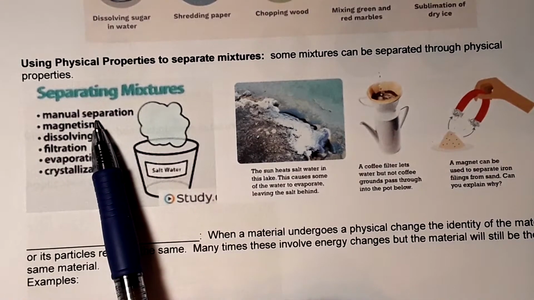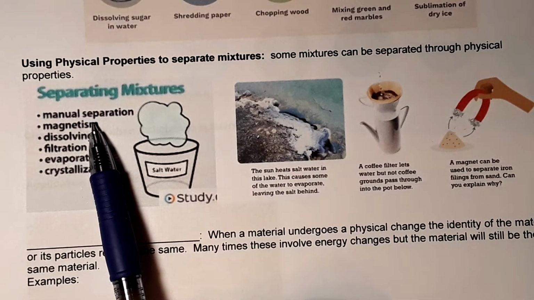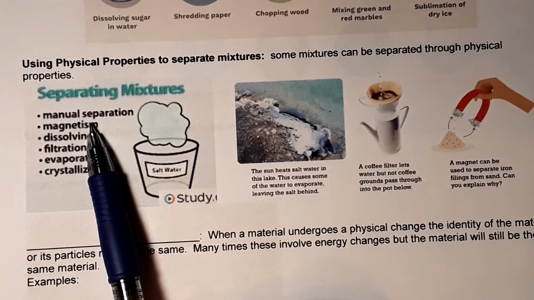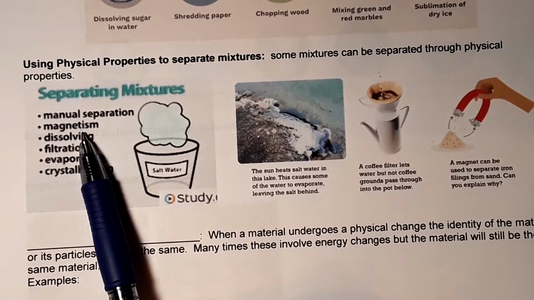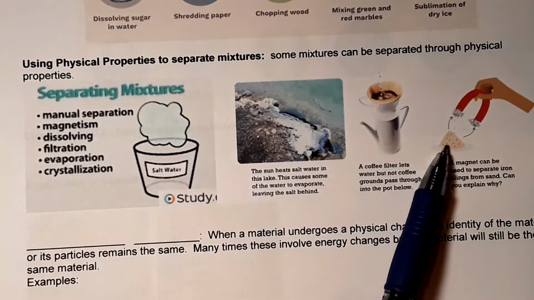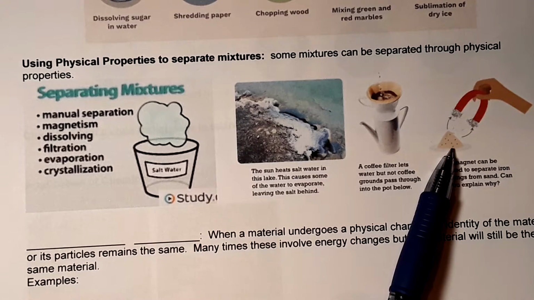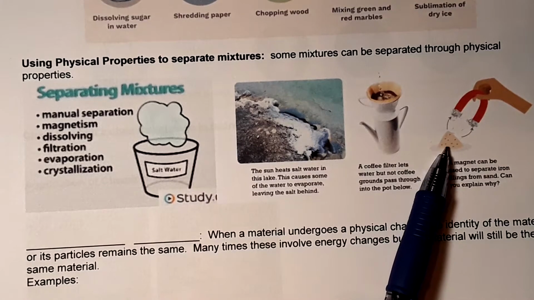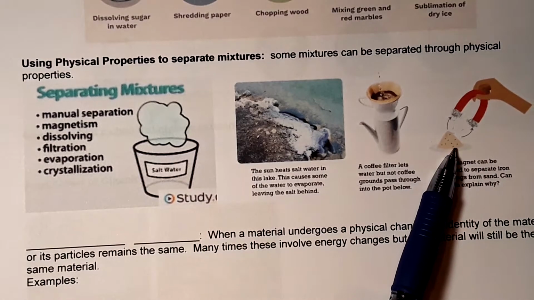We can separate them manually. For example, if you have a salad, all you have to do is pluck out the onions if you don't like the onions. Magnetism. If you have a magnet, you can separate iron filings or iron-based particles from non-iron-based particles, because we know magnets will attract iron and anything made of iron.